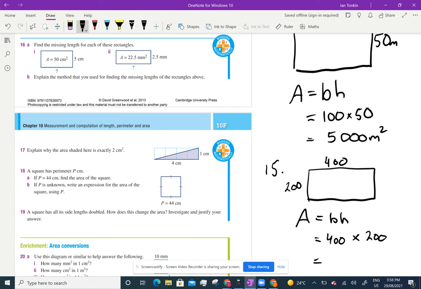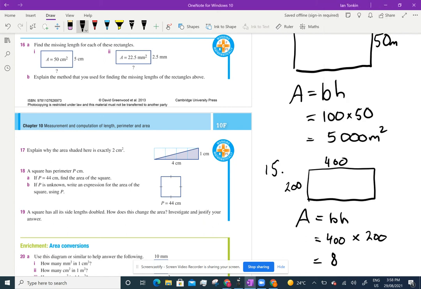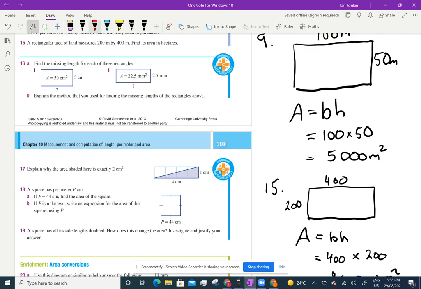I'm going to use my calculator this time. 80,000 meters squared. But they said find the distance in hectares.